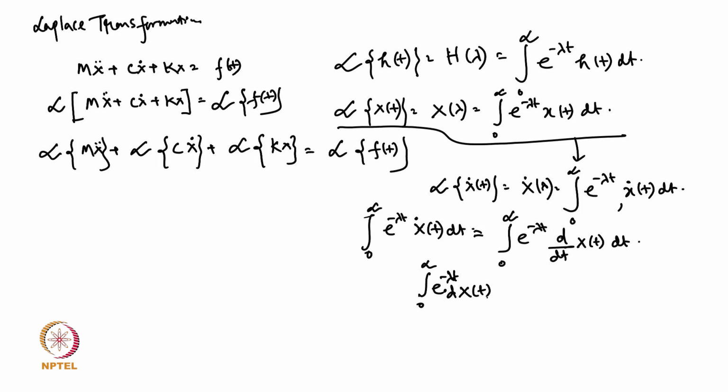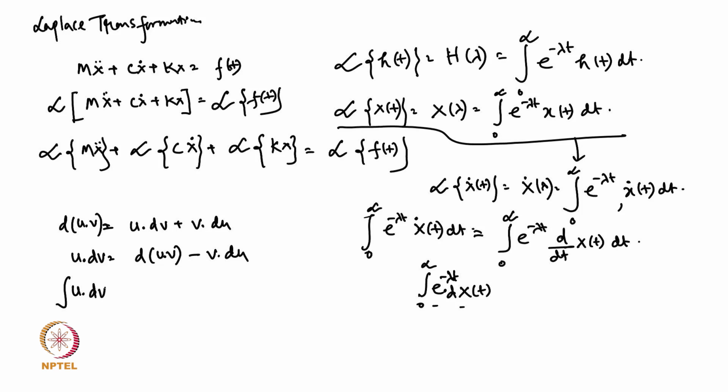Now if you remember the formula for this, this is basically u into v. If you forget the formula of u into v, no problem. We know d of uv equals u into dv plus v into du. If we rearrange, u into dv should be equal to d of uv minus v into du.